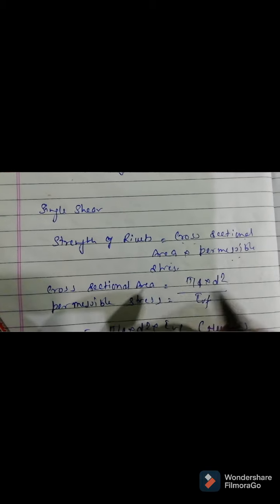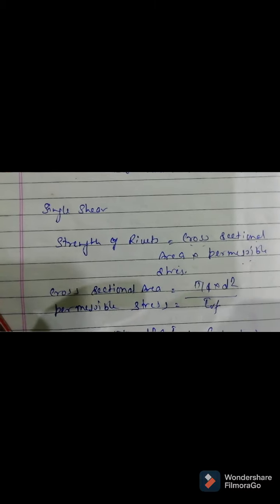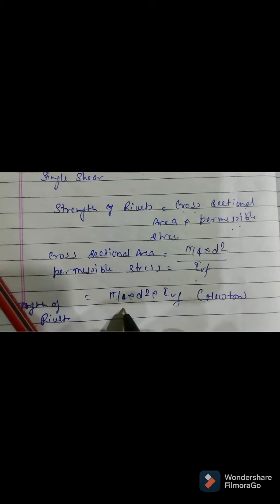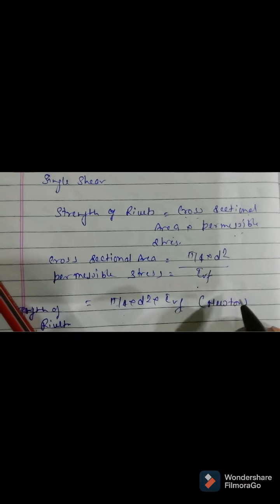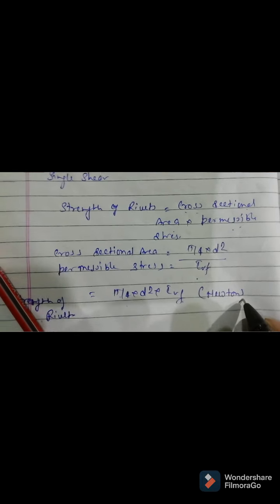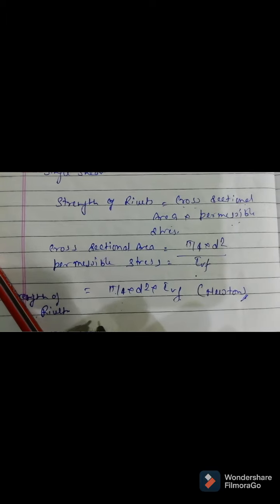If D is the diameter, the cross-sectional area equals pi by 4 into D square, and the permissible stress is tau Vf. Multiplying all these, we get pi by 4 into D square into tau Vf. The unit is Newton. This is the strength of your rivet in shear.